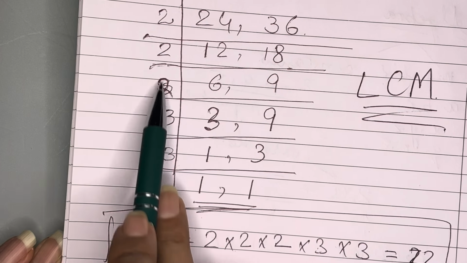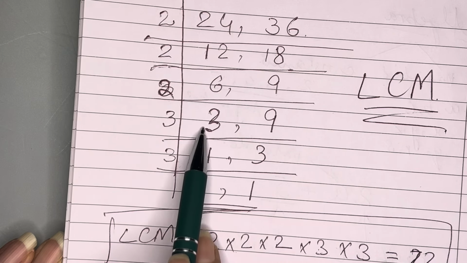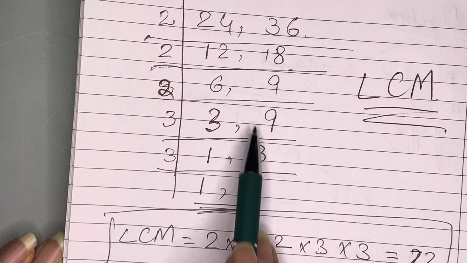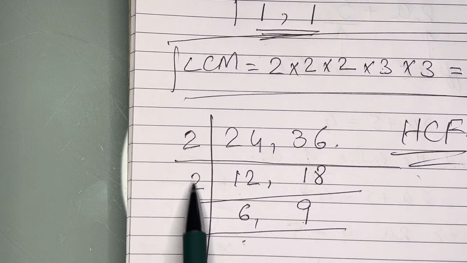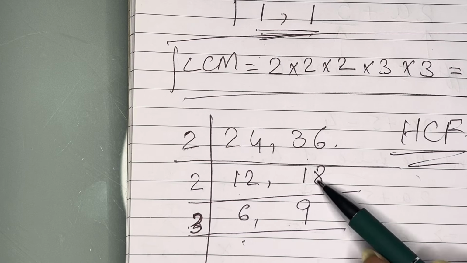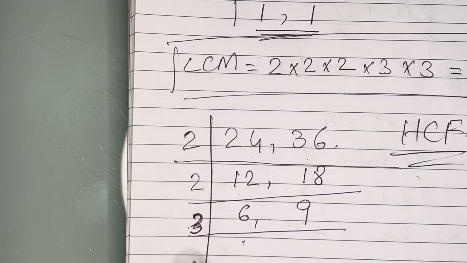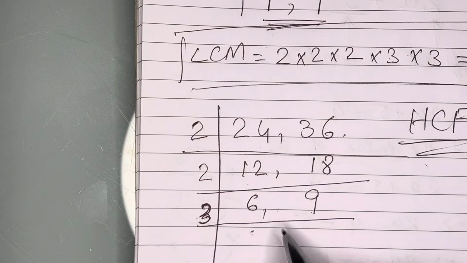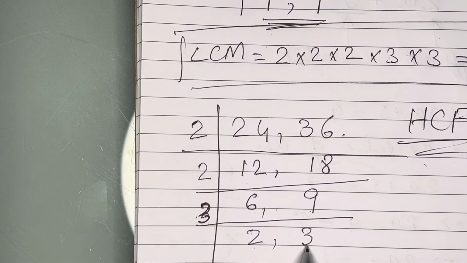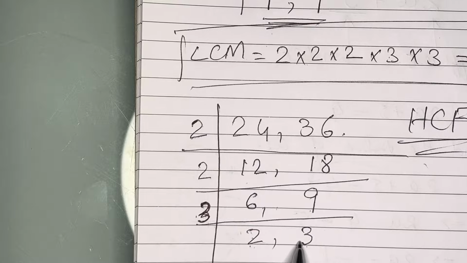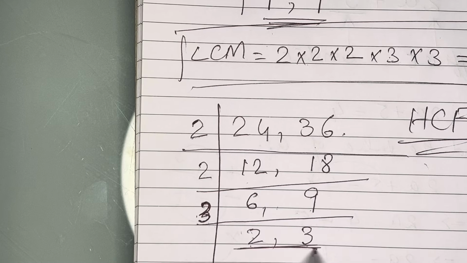In case of LCM, we divided 6 by 2 and we got 9 as it is. But in the case of HCF, we cannot do this because we cannot take 9 as it is. So we will go for 3 2s are 6 and 3 3s are 9. Now we are left with 2 and 3.